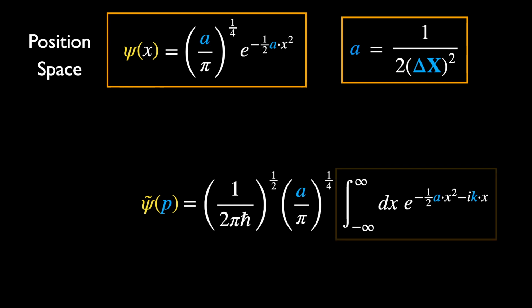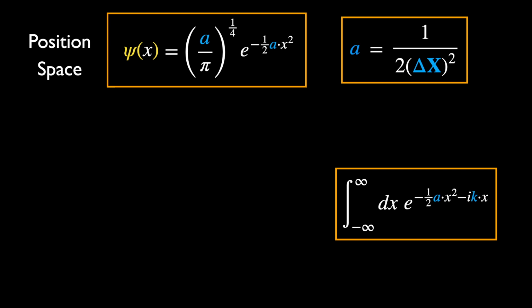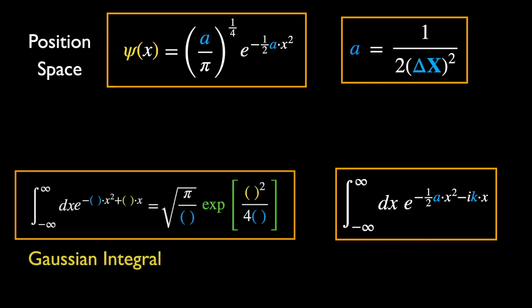Setting aside the constant factors for a moment and focusing on the Gaussian integral, we find that this is the standard integral stated earlier with an extra linear factor in the exponent. Brackets of matching colors in this identity represent the same constants. By substituting the constants of our integral into the appropriate slots, we get the following result.